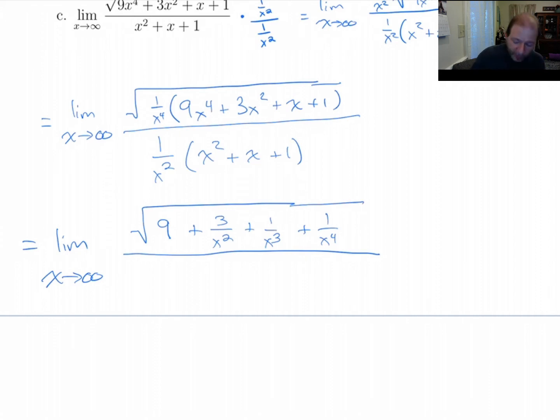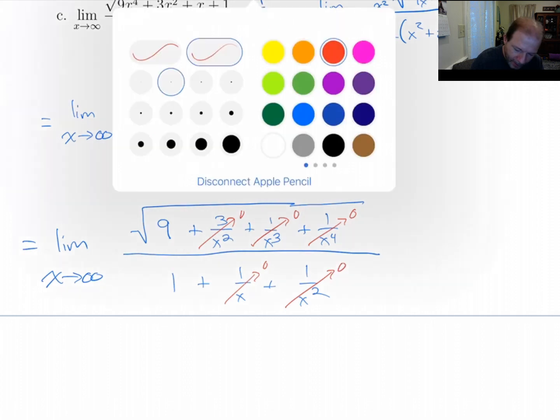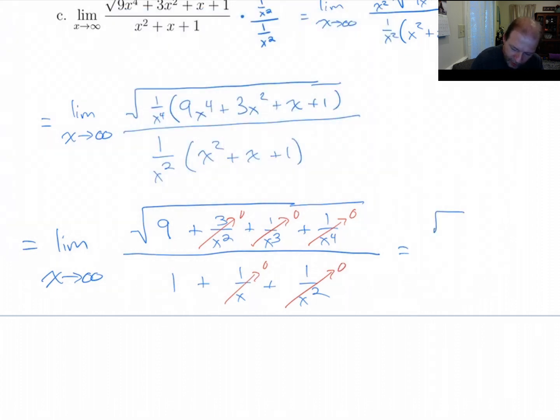And on bottom, I'm left with just 1, then plus 1 over x plus 1 over x squared. And now all of these things up here, except for the 9 and the 1, when x goes to infinity, all of these things are going to go to 0 because they're 1 divided by something growing large. So what I'm left with over here is the square root of 9 over 1, which of course is just 3. So that's my answer.